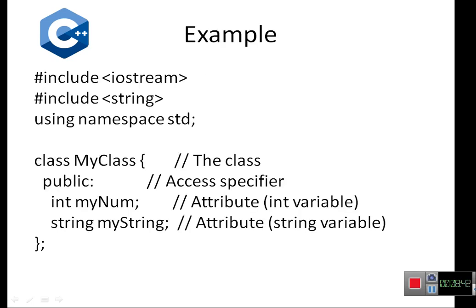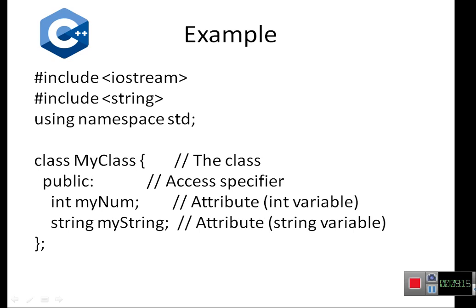See the program: #include <iostream> and #include <string>. The string library consists of string characters, using namespace std. Make sure that after these library files we have a class definition, like a user-defined function we define before the main function.